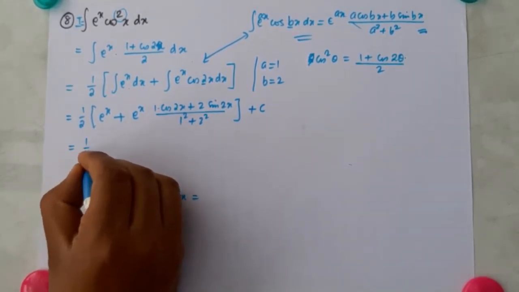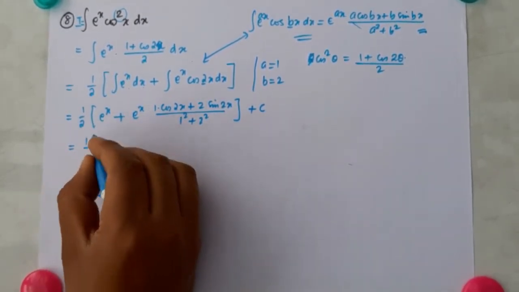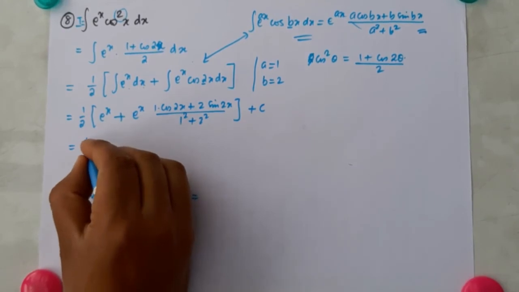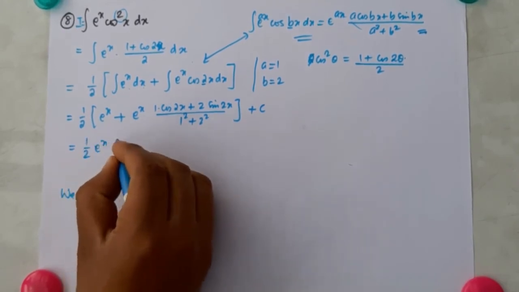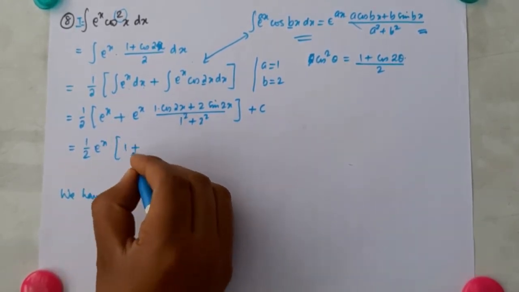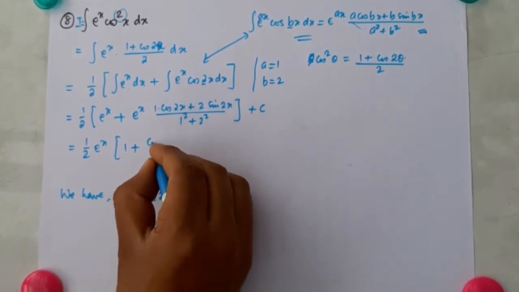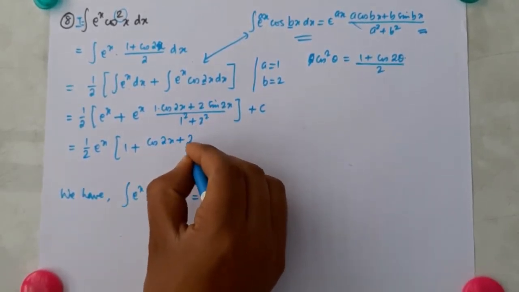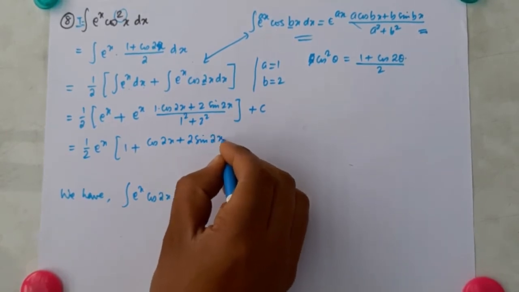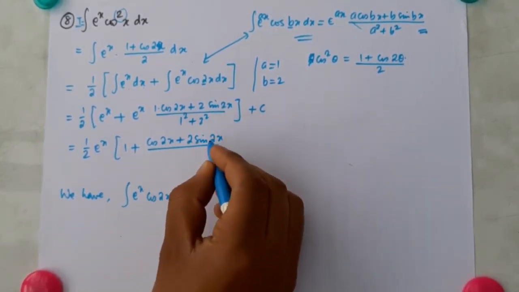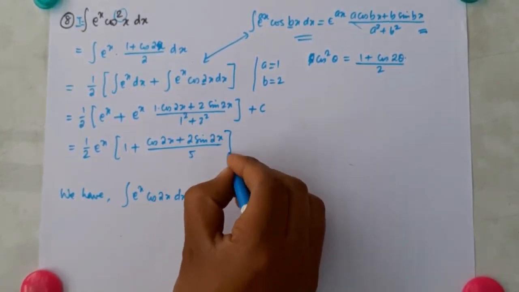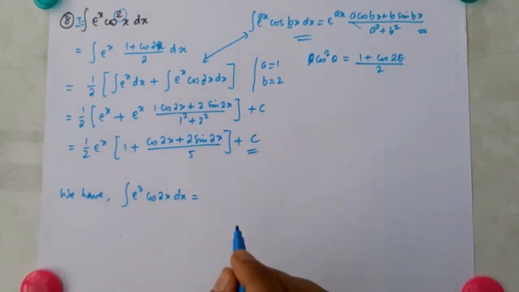So half. You can take out e to the power x also outside, so it becomes half e to the power x into 1 plus cos 2x plus 2 sin 2x by 1 square plus 2 square, which is 5, right? So that's all is my answer for this particular question.